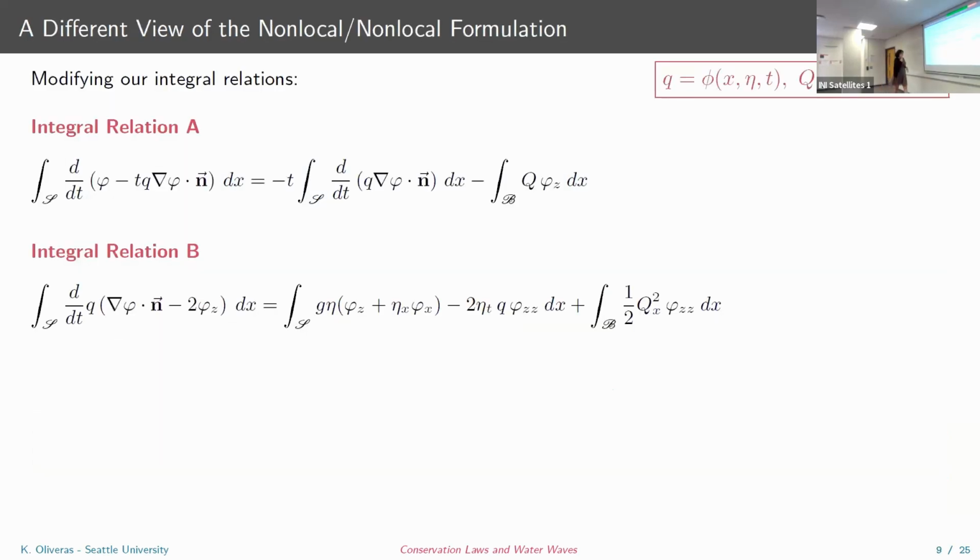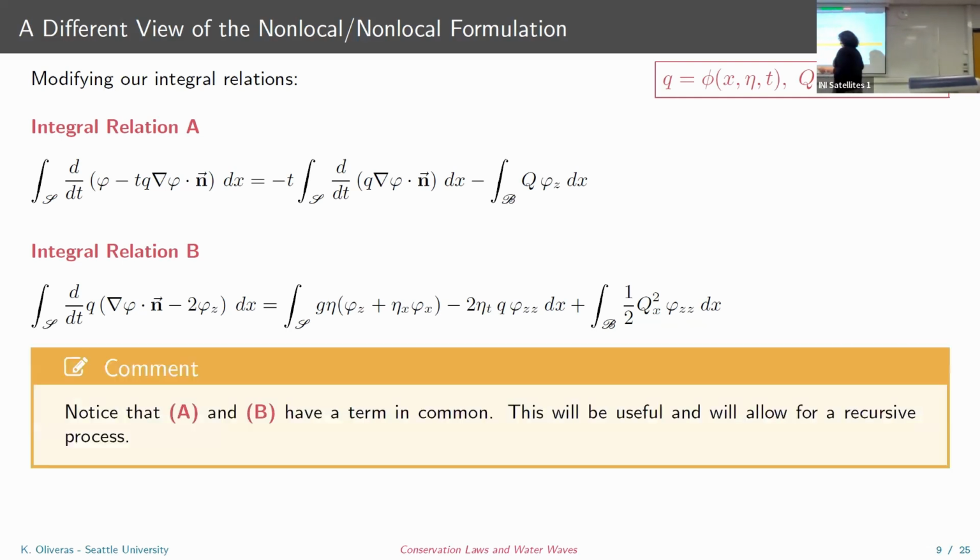Okay, a little bit more fun with rewriting those two integral equations, where again, I have this time derivative of things, and I've slightly manipulated them again so that you can see that I have a time derivative of the potential, or this test function at the free surface, and something that I just put in here to make things work a little nicer later on. But you'll notice that this term shows up again here. And that's going to be a sort of recursion that's allowing us to generate this hierarchy of conservation laws.